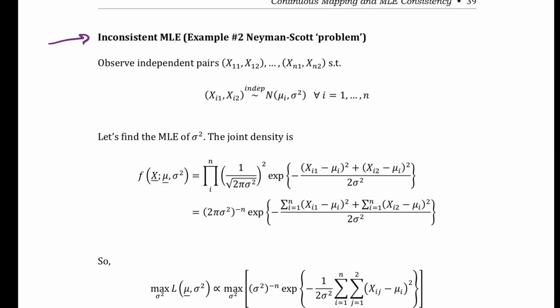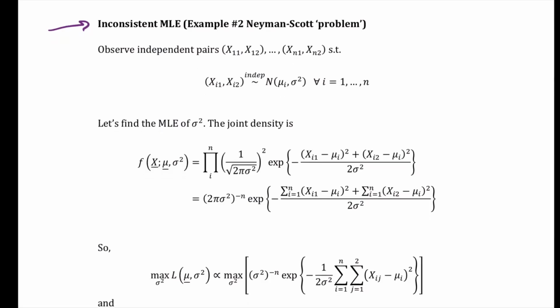So what's the situation? They said, okay, suppose I'm going to collect pairs of observations on people, but the pairs are independent. So people are independent. Suppose I collected foot size.